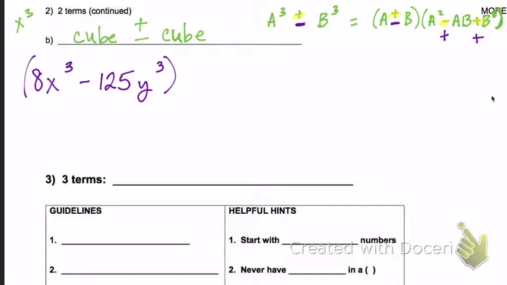And so what would I call my a? What is the cube root of 8x cubed? 2x. Good. I'm going to put a minus sign. What is the cube root of 125y cubed? 5y. Good.